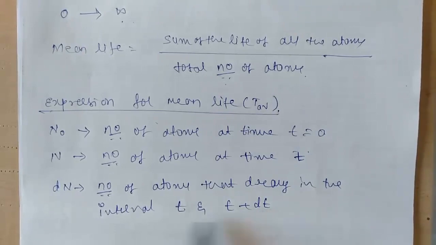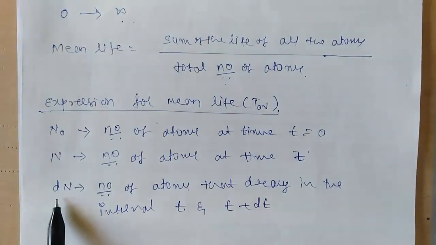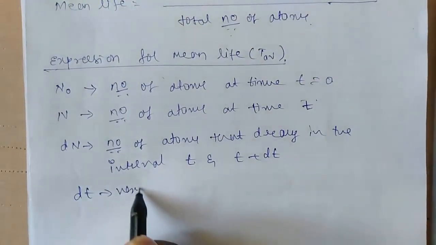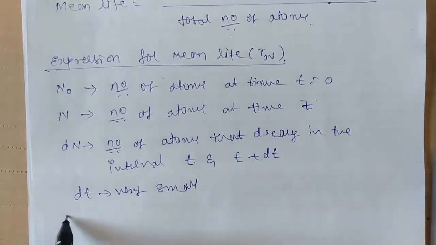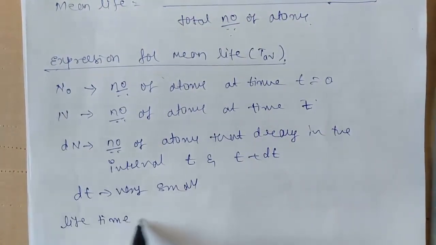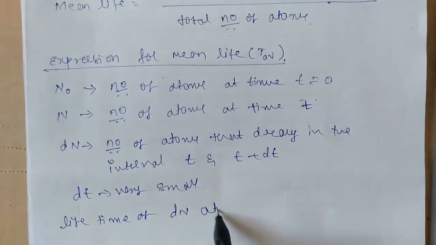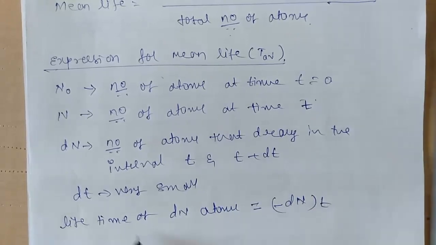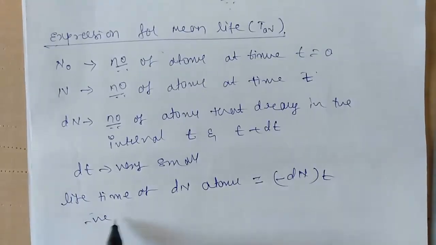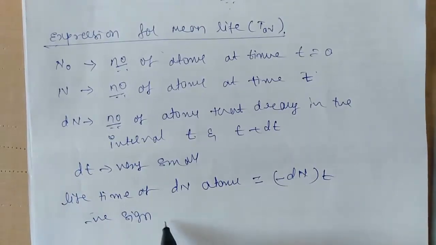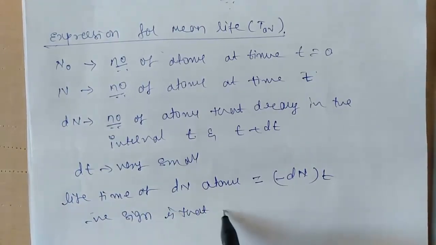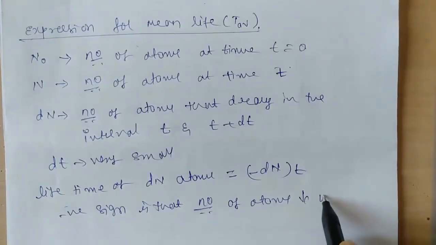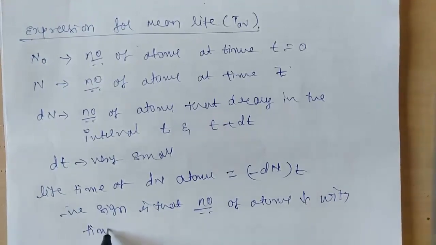If we consider dt to be very small, the lifetime of dn atoms is written as minus dn into t, where the significance of the negative sign is that the number of atoms decreases with time.